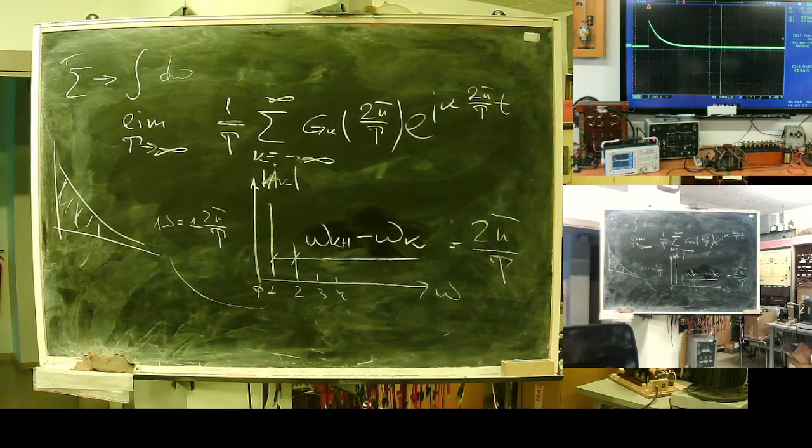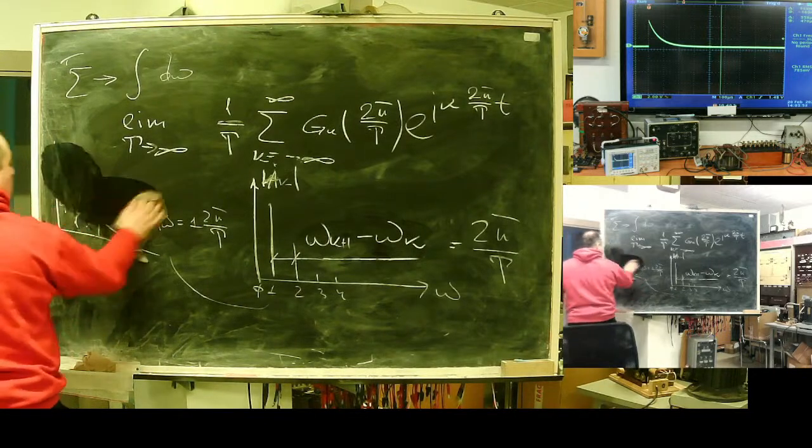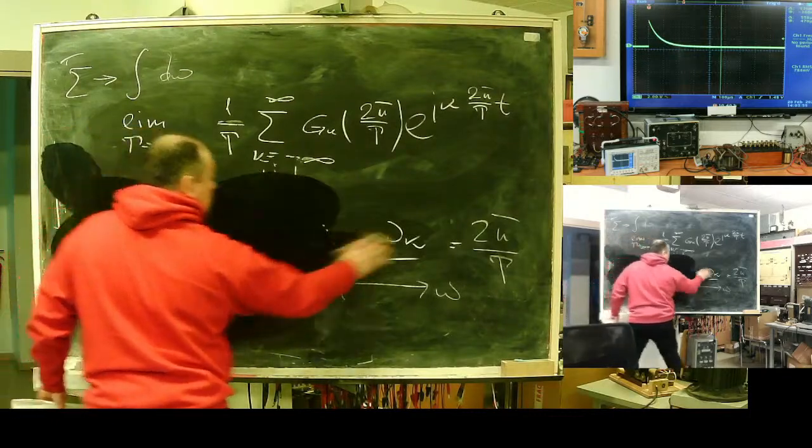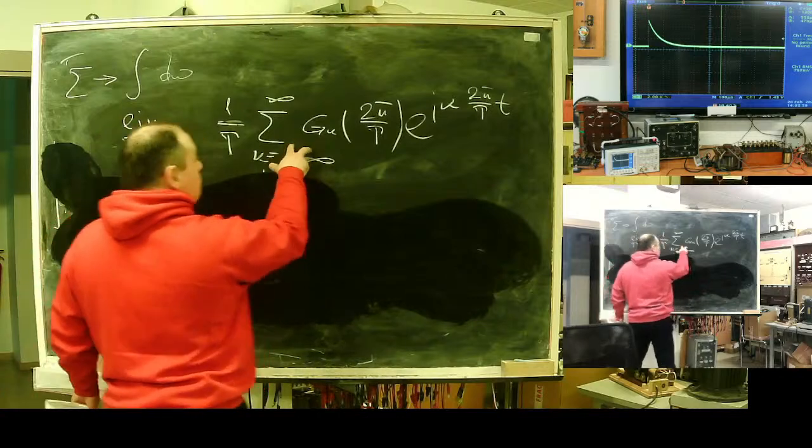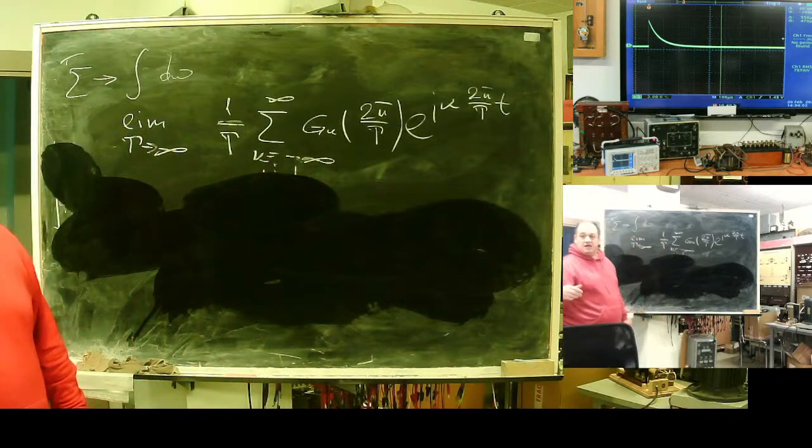You draw lines closer and closer, and at one moment the whole set of lines becomes one united figure. So this sum becomes an integral.